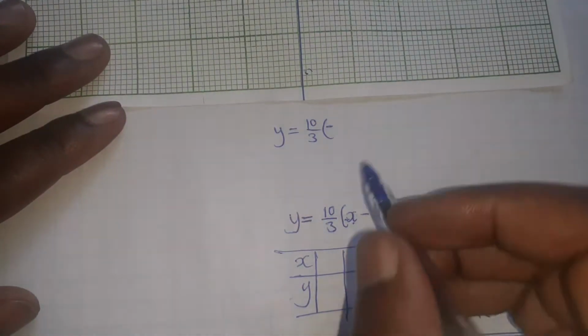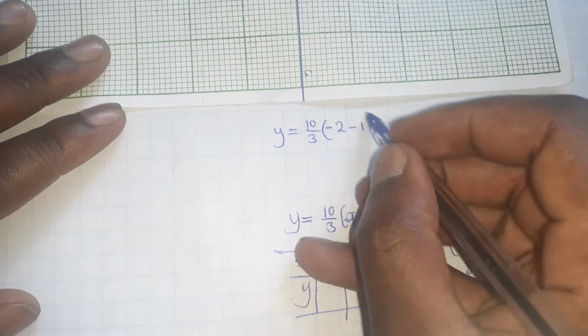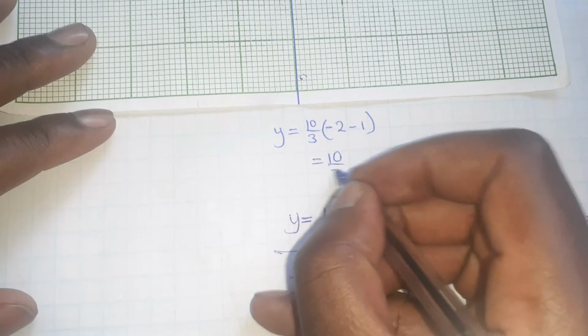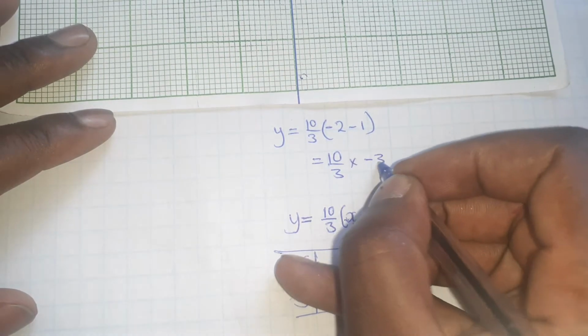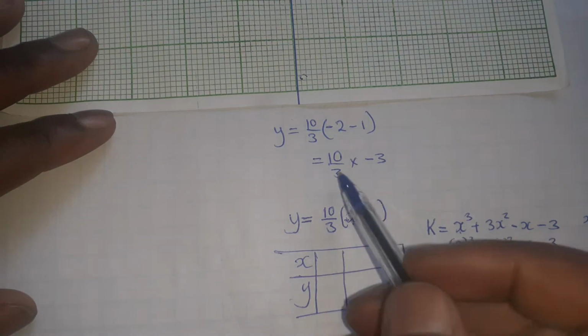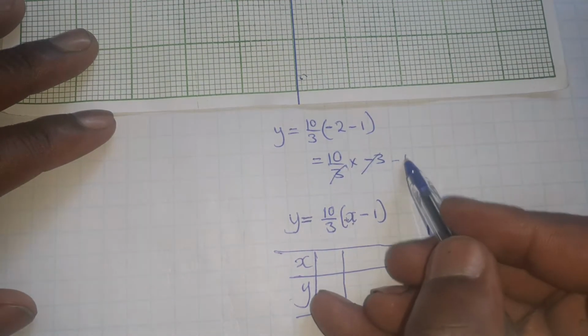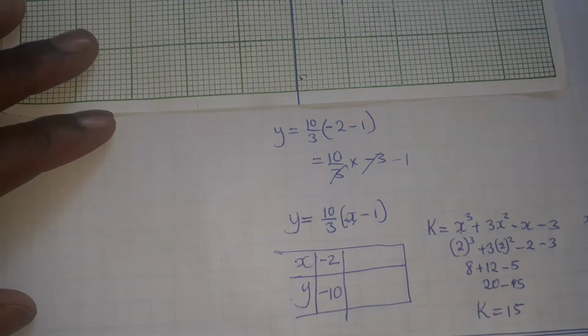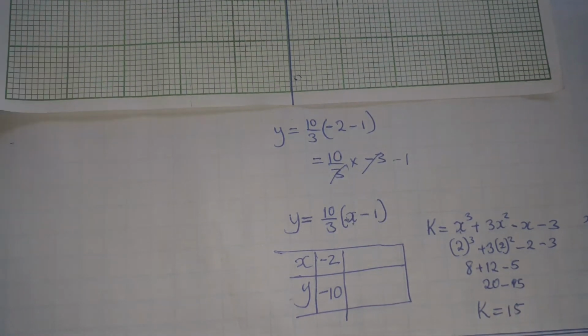Okay, so I'm going to have -1. So what am I going to get here? I'll get 10 over 3 multiplied by -3. That will give me -3 there. So this and this will cancel, and we have a minus. So -2 will give me -10. Is that clear?